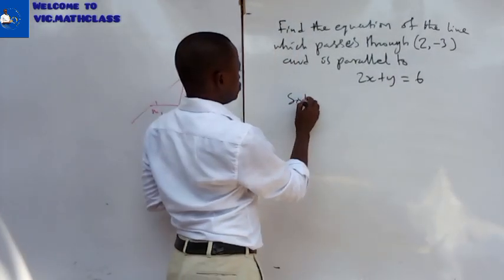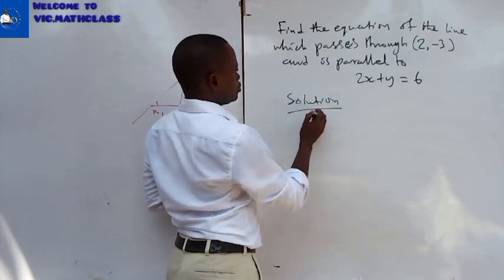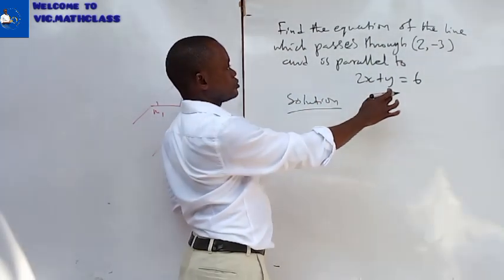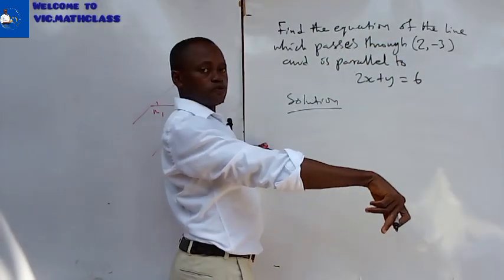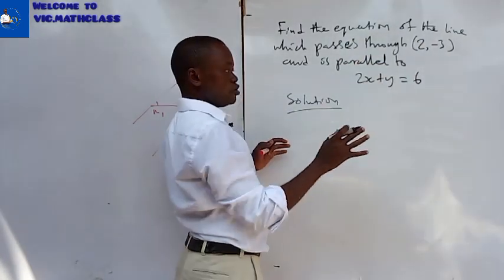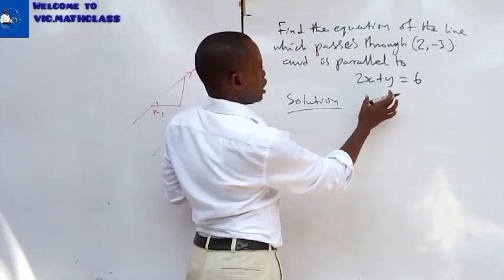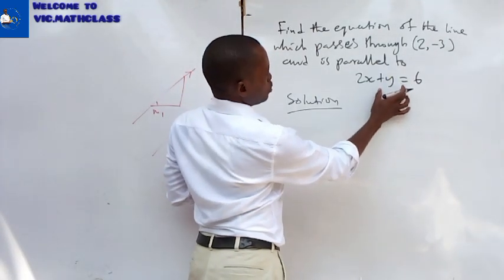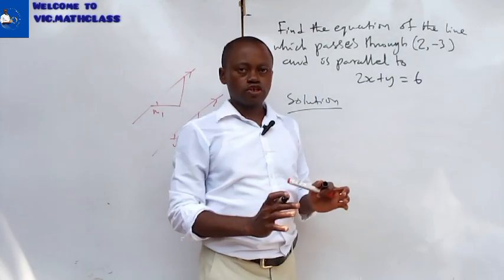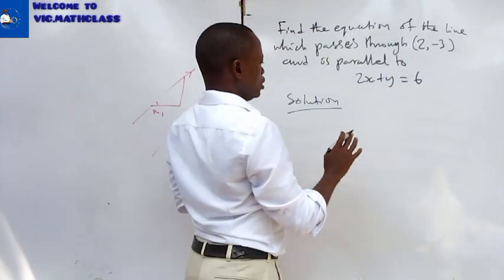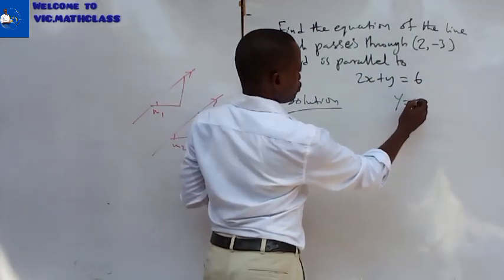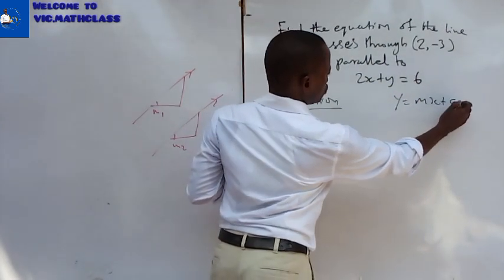Since this is a line and they now ask me to find another line, I will deploy this concept by virtue of their gradients. The only thing I have to do is rearrange this one to assume the format of the equation of a straight line, and that format is y equals mx plus c.